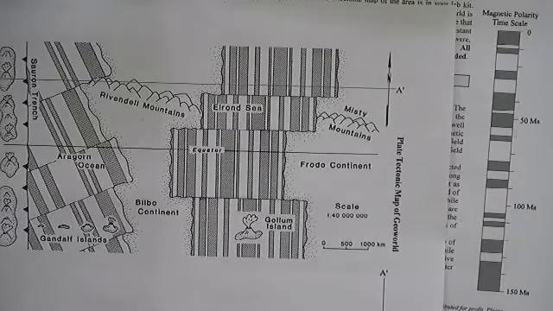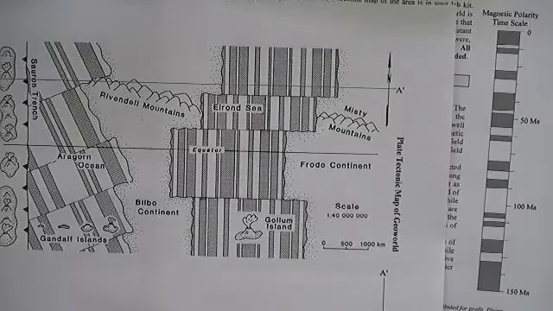Just like we have the Atlantic Ocean opening up, this planet has the Eldron Sea opening up. And so then you could use the geologic time scale to figure out how long ago that occurred, looking at the magnetic anomalies.